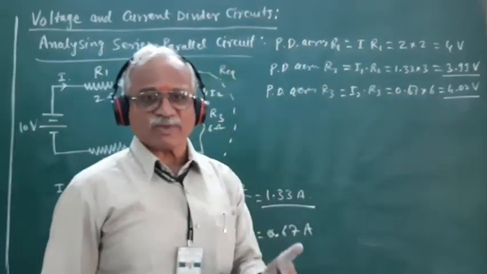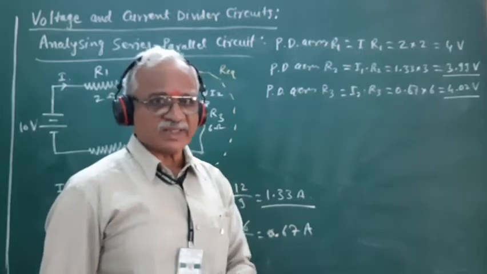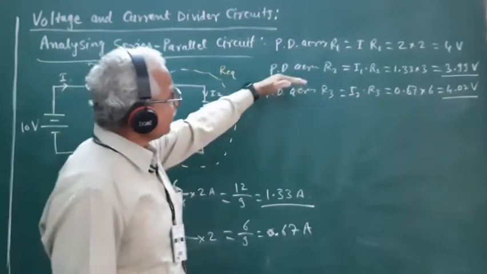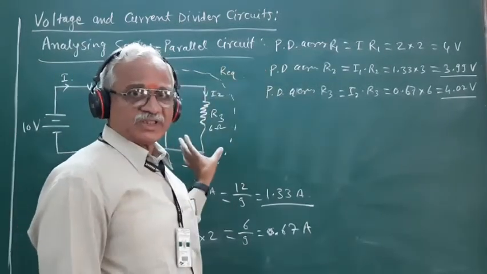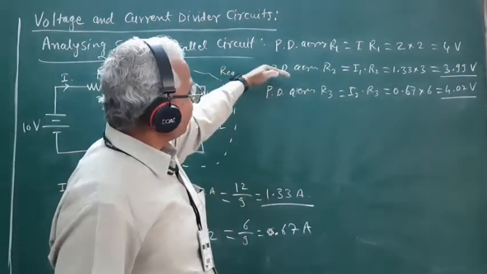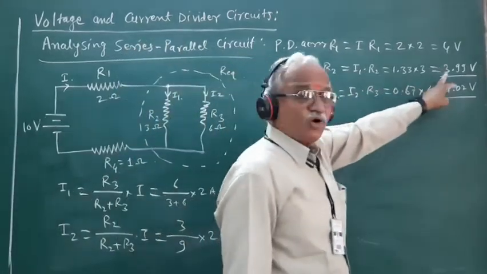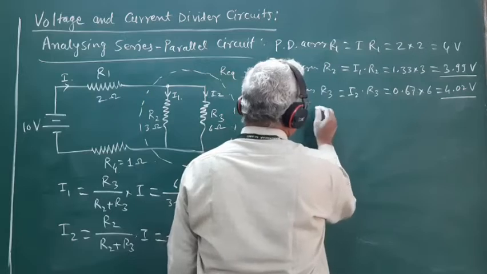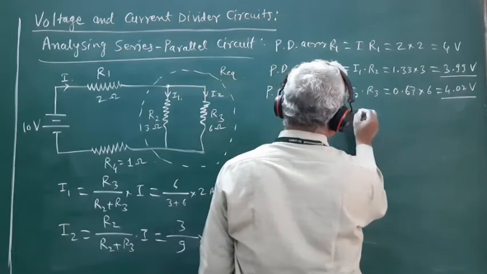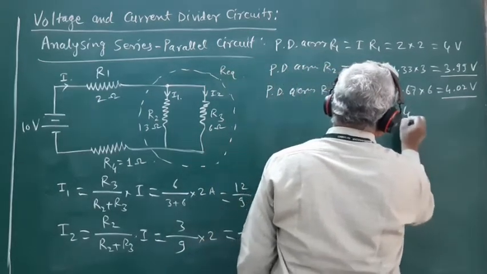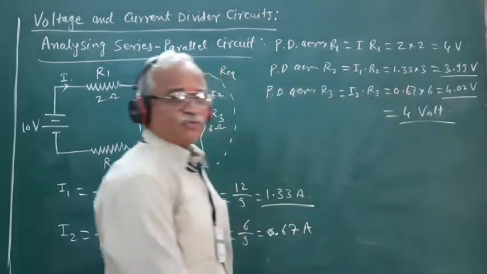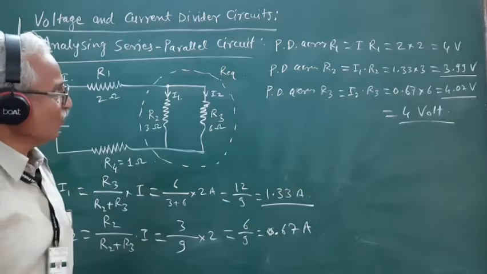The most important point that you must remember here is that since the resistors R2 and R3 are connected in parallel with each other, the potential drops across R2 and R3 will not have two different values, but each will have the value of 4.